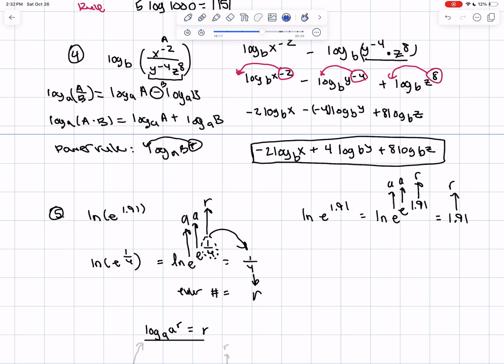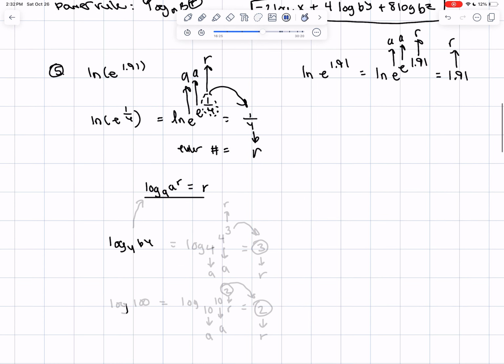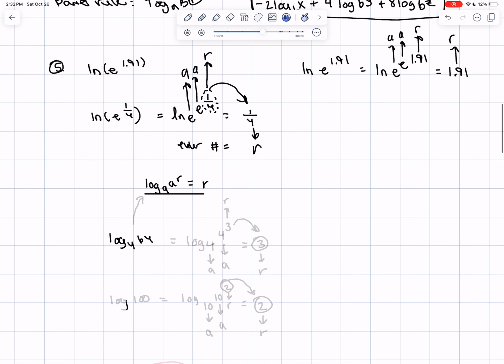What about if we have a value? Let's use the examples in your textbook again. If we had log base 4 of 64, I want to turn it into this form up here. I have to do that by turning 64 into a power, using the base of 4, because I want it to have the same base as a. It'd be log base 4, because that's my a.